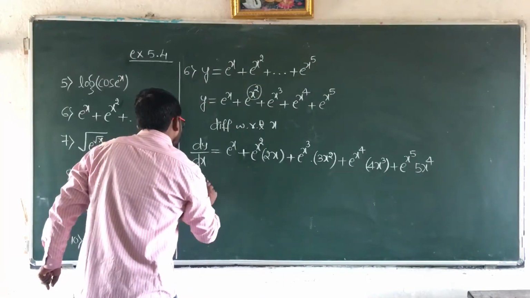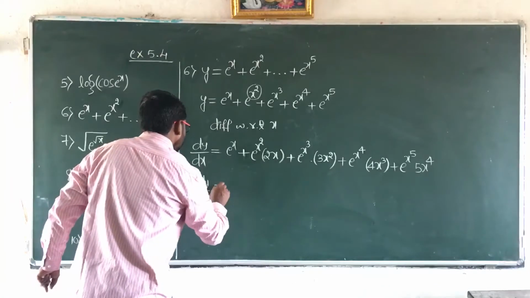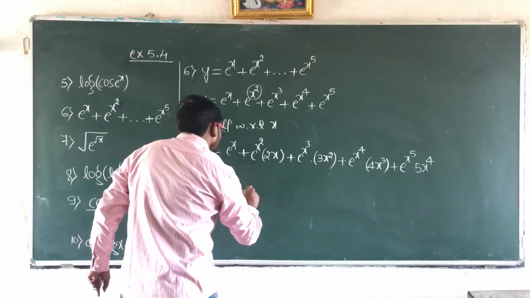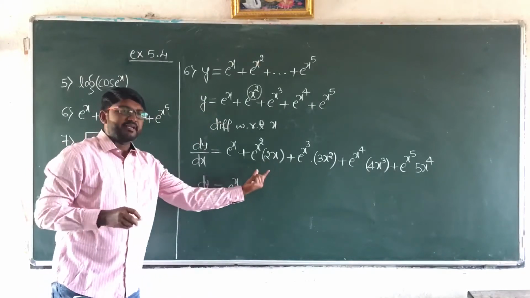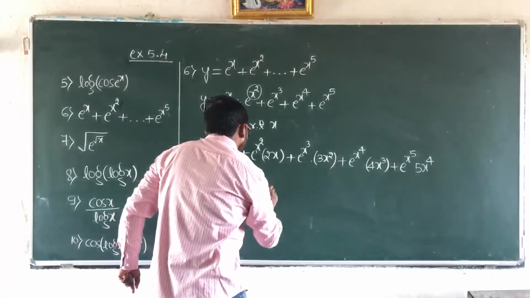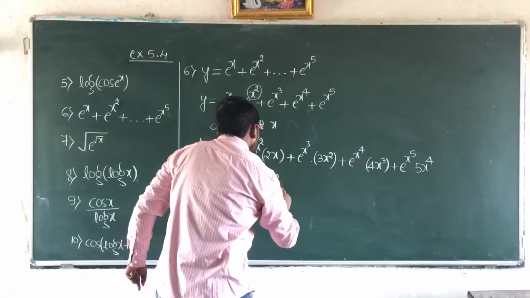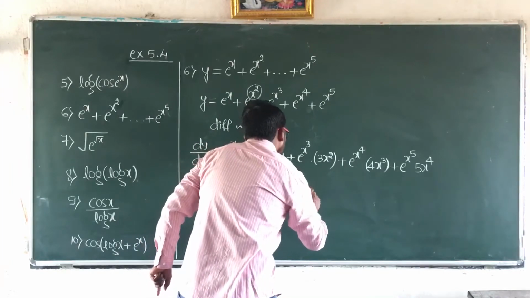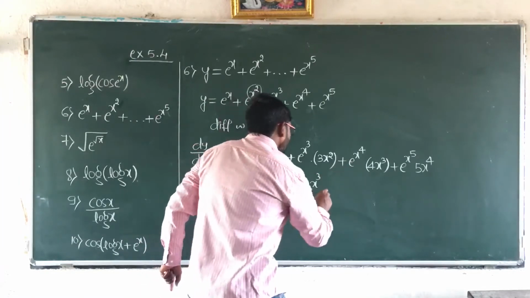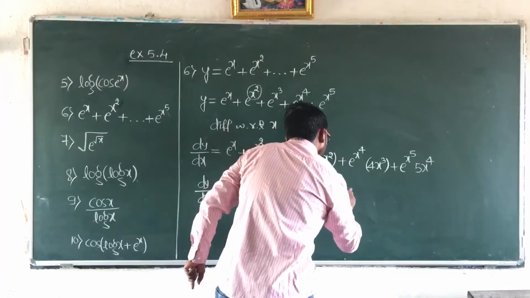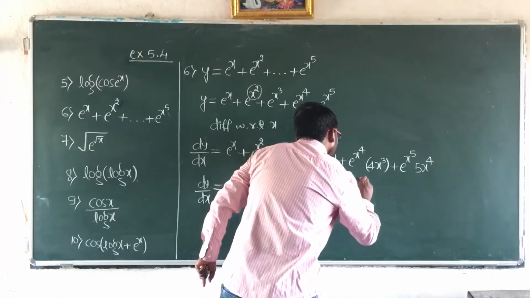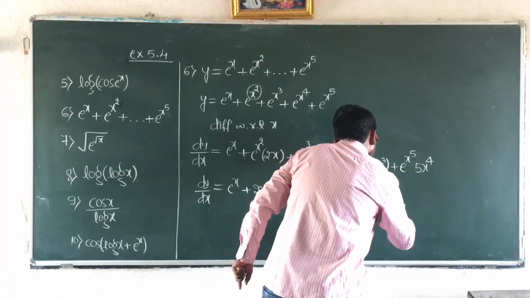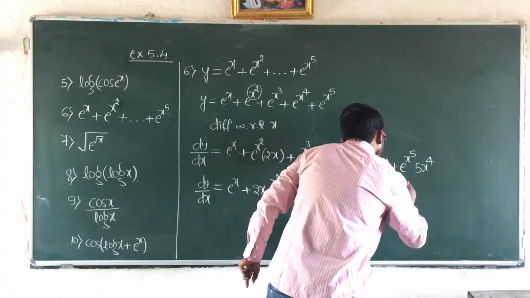So dy by dx is equal to, so let us rearrange the terms here. I write this as e power x plus, write 2x in the beginning. So 2x, after that it is e power x square plus, so here write 3x square in the beginning. 3x square e power x to the power 3 plus 4x cube into e raised to x to the power 4 plus 5x to the power 4 into e power x to the power 5.